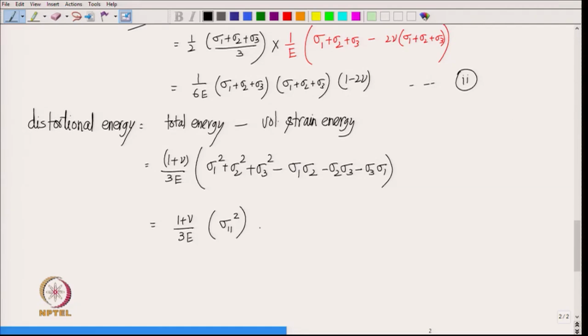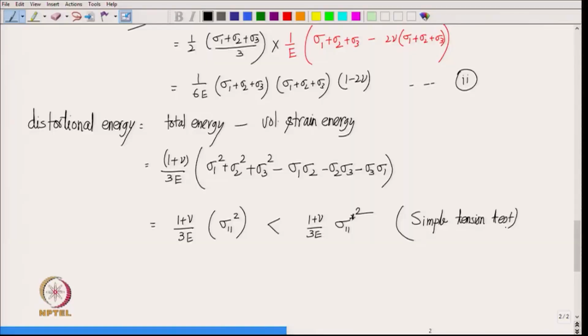So, when we do the tension test, we are going to load sigma 11 and then we will have a critical value at which the body will fail. So, if the body is failing due to distortional energy, then this should be less than 1 plus nu over 3E into sigma 11 star whole square, right.